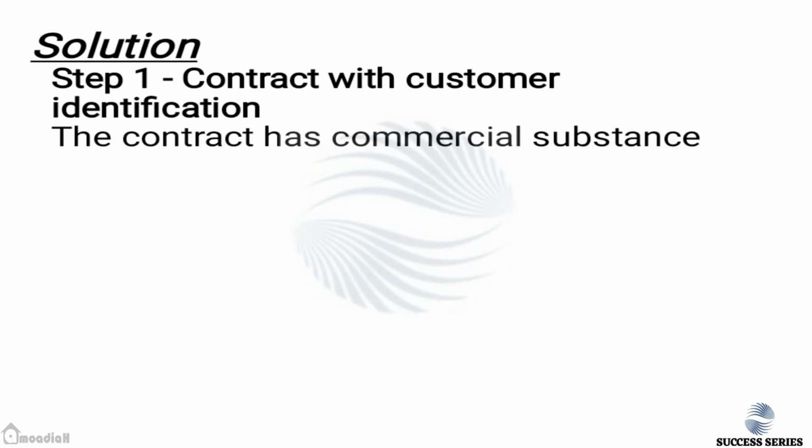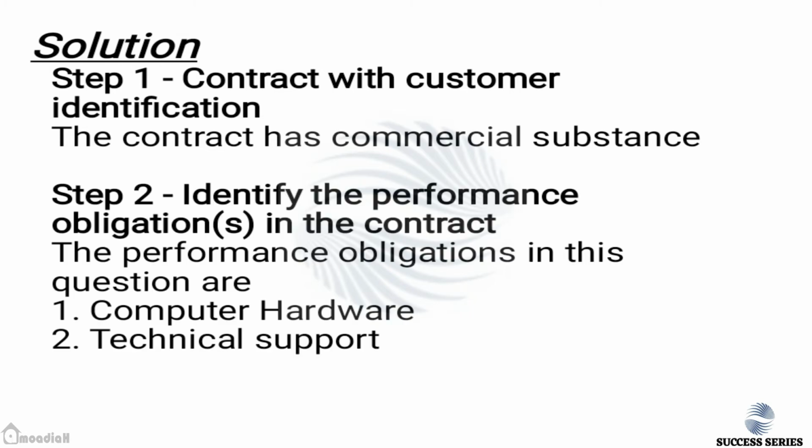Step 1 is contract with customer identification, and here one of the criteria we can see in the question is that this contract has a commercial substance, because there is the essence of money in the contract. Step 2, identify the performance obligation in the contract.